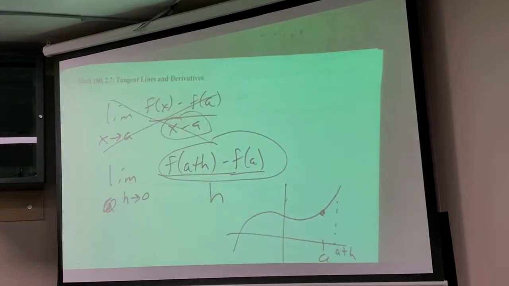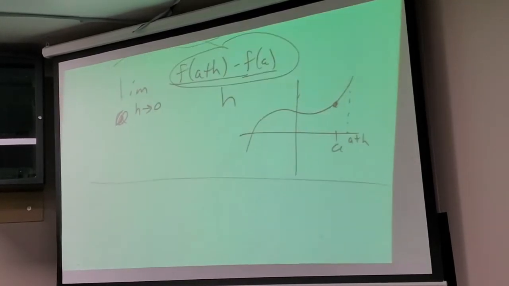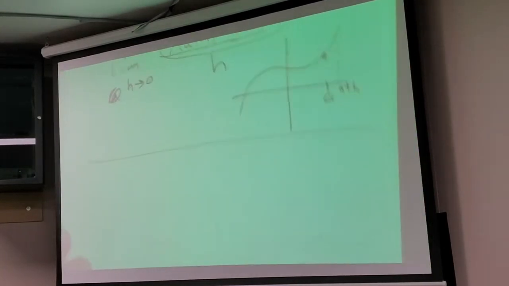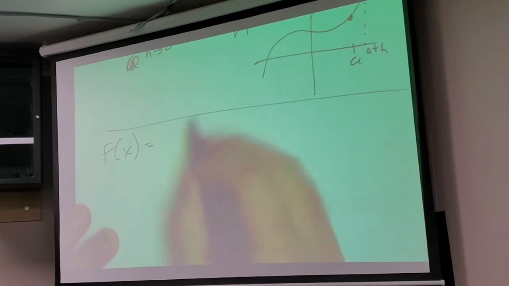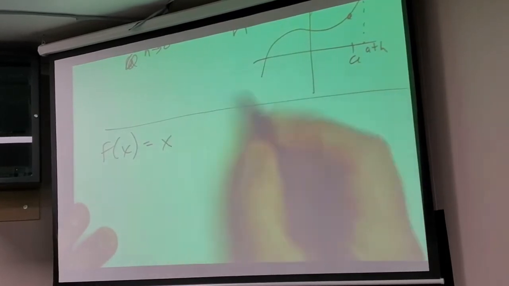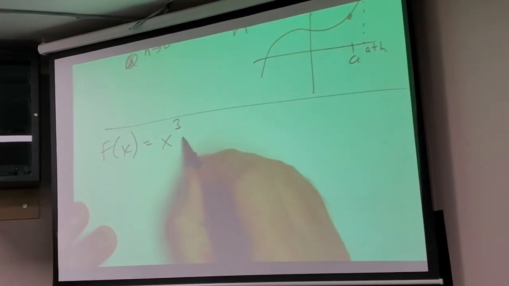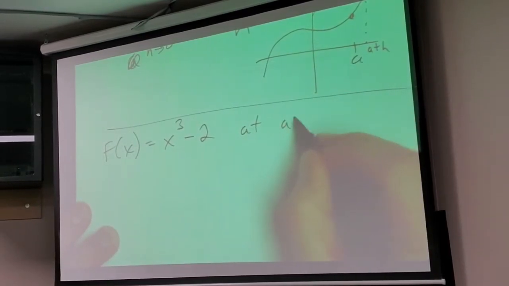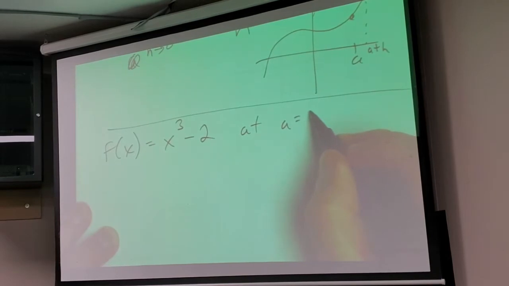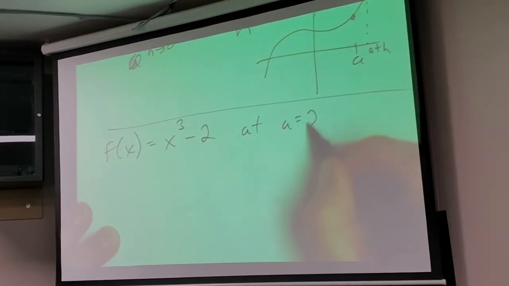All right, so let's try one. Let's do a function. What do you got, Jeff? Yeah, let's do that one. That's going to be fun. x cubed minus 2 at a equal to 2. Sure.